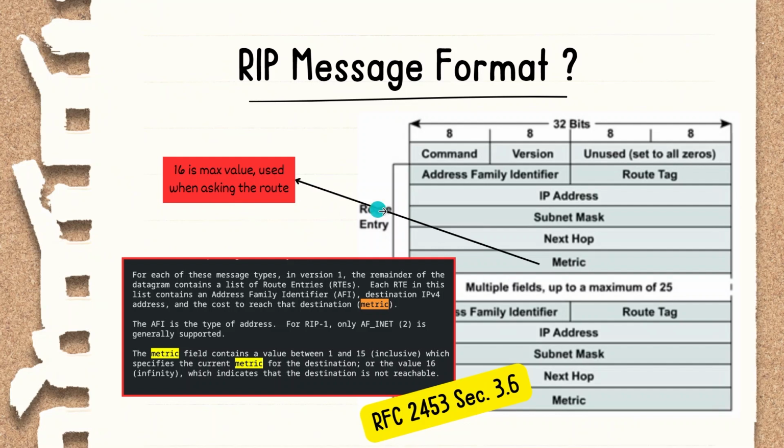If I want to ask what the next hop is for a route, then the metric value 16 signifies that I am asking for that. This can also be distinguished from the command value. If it's a reply, that means I am not asking, I am withdrawing the route. And if it's a request, then the metric value 16 signifies that I am asking for the value.